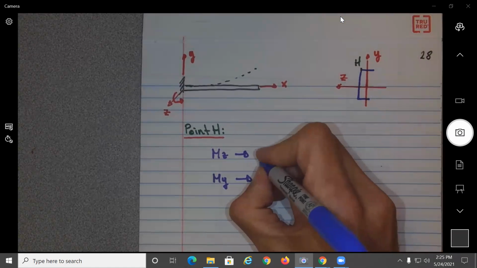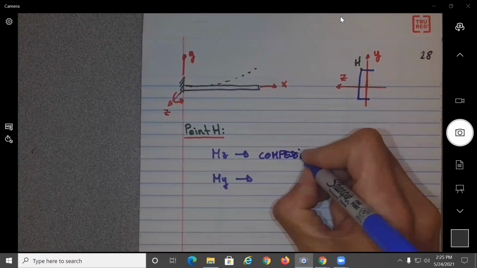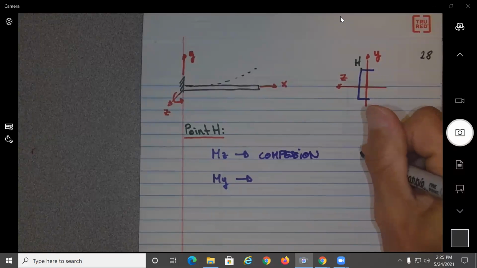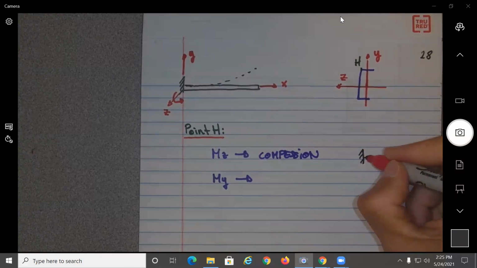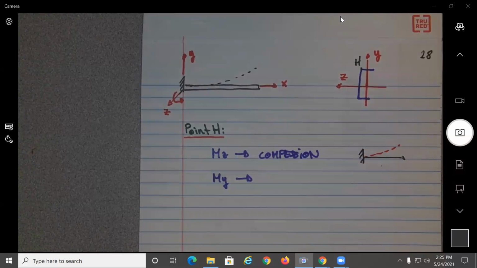So if it's compression, we need to start thinking that the stress should be negative at that location, due to Mz. So the stress due to Mz should be negative.